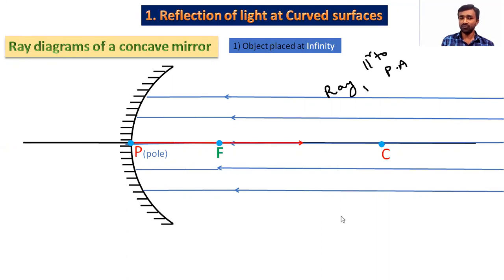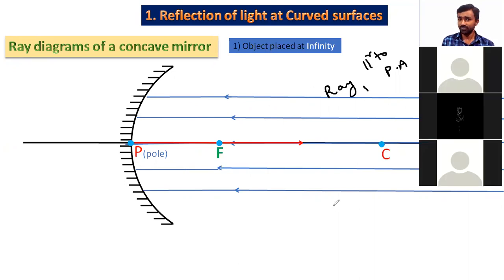Any ray. So the first ray I showed is along the principal axis. After reflection also I showed it along the principal axis. What is the reason?